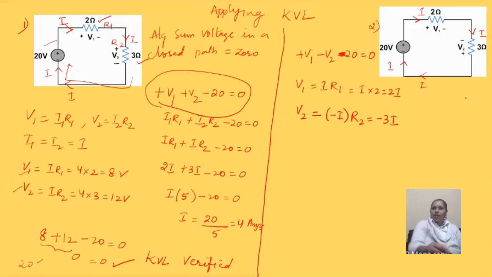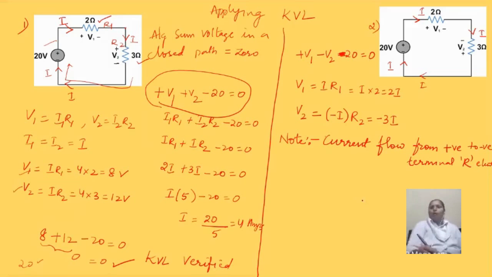One point you need to remember is that the current should always flow from positive to negative terminal for passive elements, that is, resistive elements.